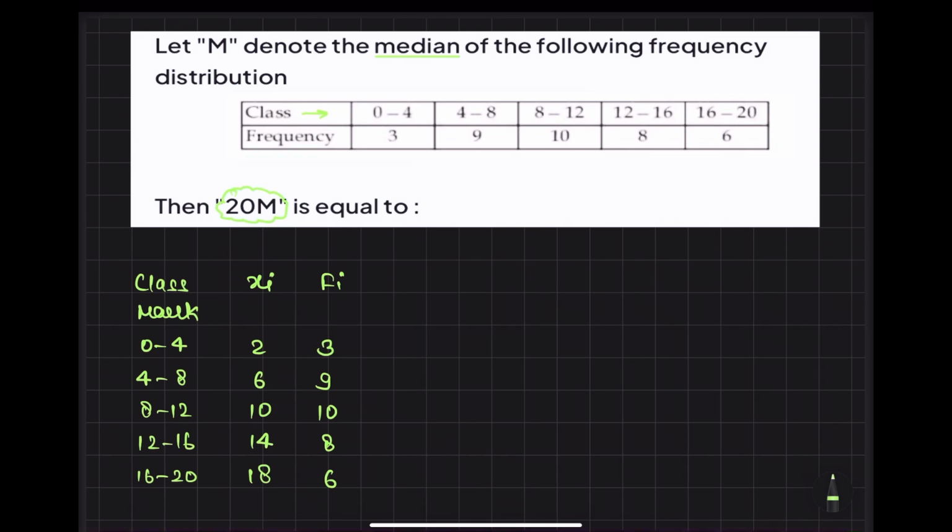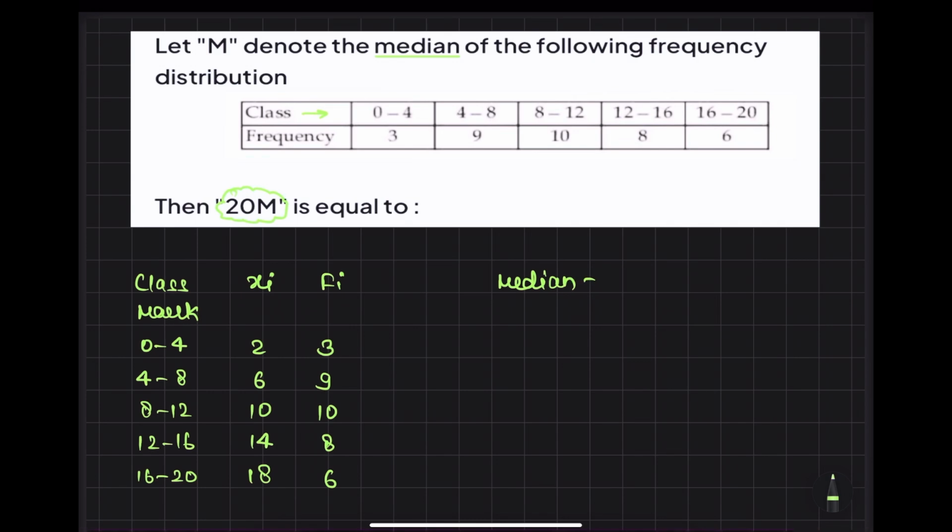This is the frequency. Now as we have to find out the median, in median you know that we have to find out the median class. Okay, we will do that. Look at this. First we will write down the formula for median. So how does the median formula look like?